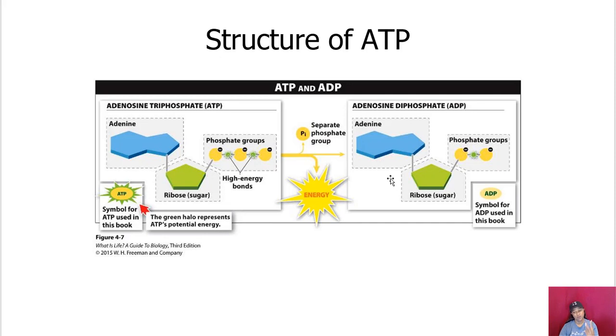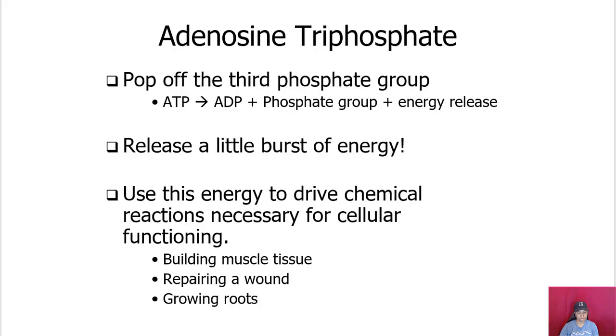Di means 2, right? So when I break the bond between these 2 phosphates, I get the energy, fantastic. And now I have adenosine diphosphate because I only have 2 phosphates there, right? So, an easy way to remember it is with ATP, pop off the 3rd phosphate group, get energy, right?